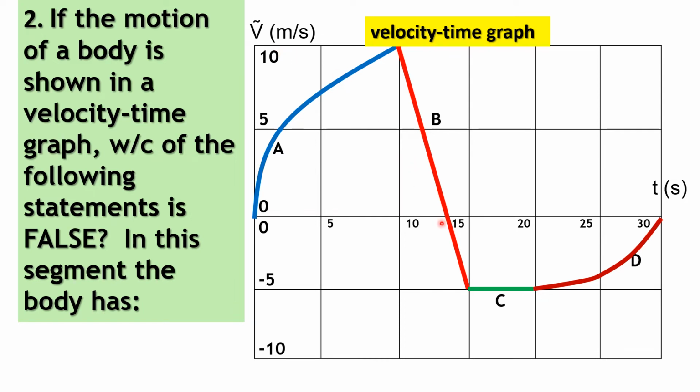And divide that by the time duration, or 15 minus 10 seconds, which is 5 seconds. So negative 15 meters per second divided by 5 seconds, of course, you will get negative 3 meters per second as our acceleration of the body during this period of time.